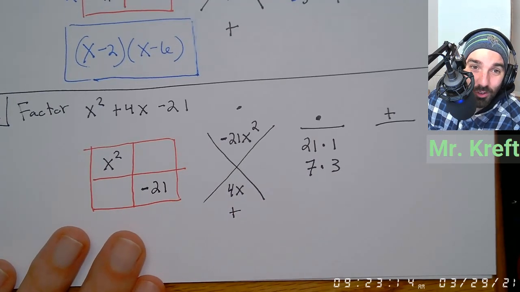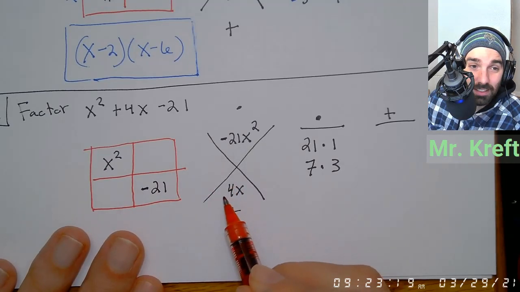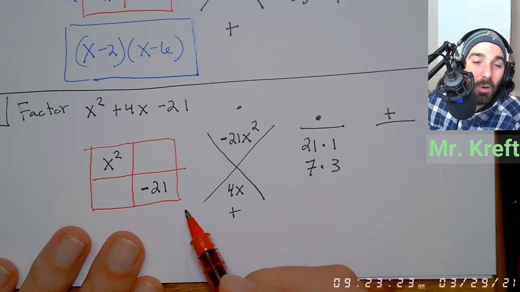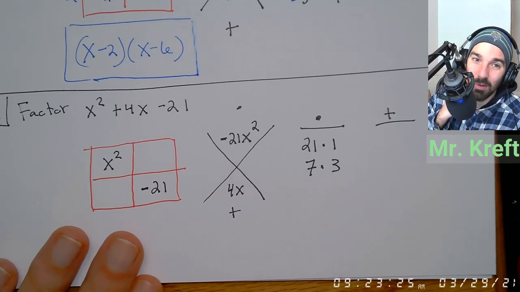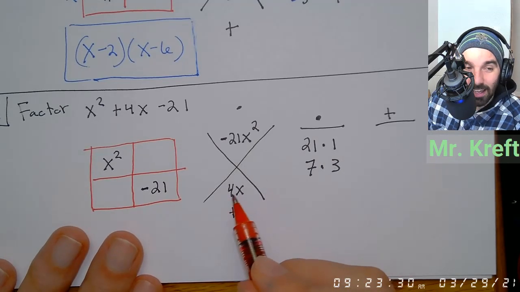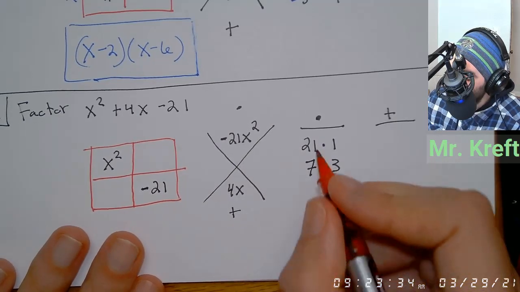The other way of doing it is just guess and check. Either you look down here and you say, is this positive? Then that means the bigger number has to be positive. Or you just guess and check. Either way, they both work. If you don't remember that shortcut, then you just try them.